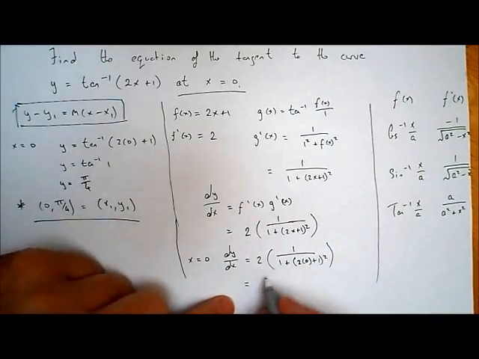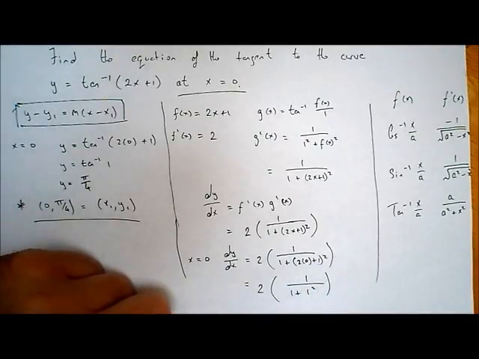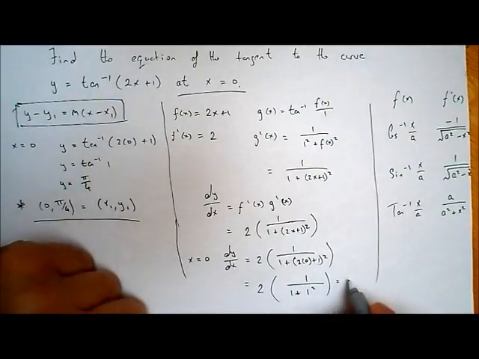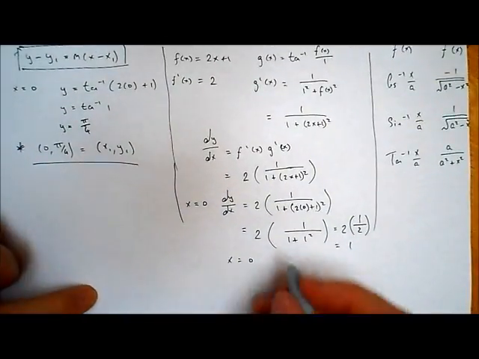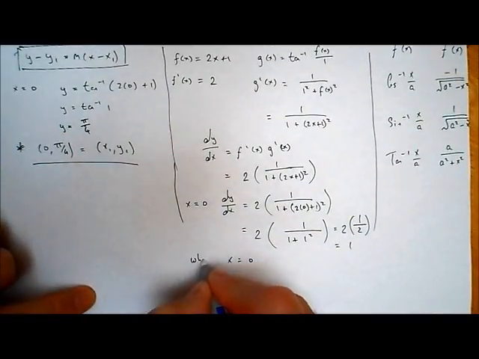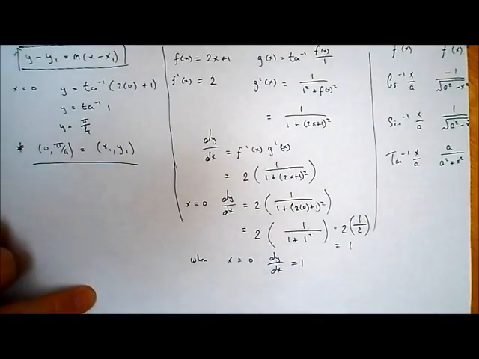So dy over dx is equal to twice 1 over, well, it's 1 plus, so 2 by 0 is 0, plus 1 squared, which is 1, so that's twice 1 over 2, which is just 1. So when x is equal to 0, dy over dx is equal to 1.